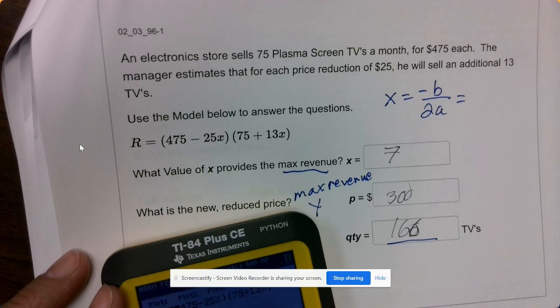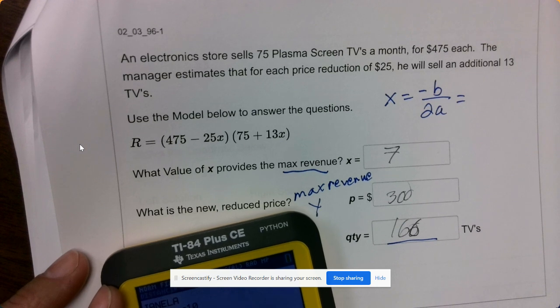That's being weird. Still don't see it in the window. Change it to 1,000.